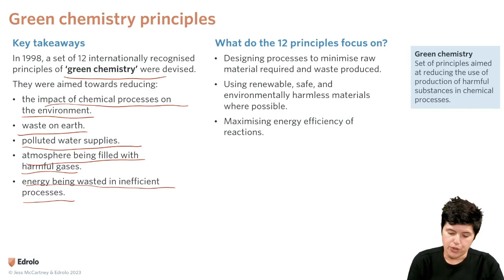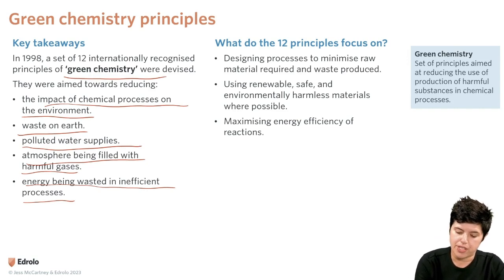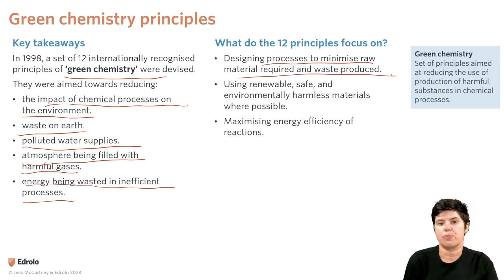So what do they focus on? They focus on designing processes to minimize raw materials required and waste produced. So what that means is that they want to be able to use as many raw materials as possible and reduce the amount of waste or byproducts that's being produced at the end that are just going in landfill or are just going into the atmosphere.